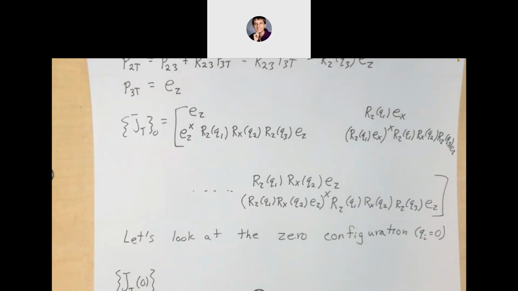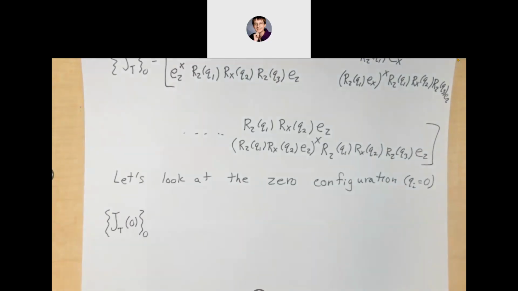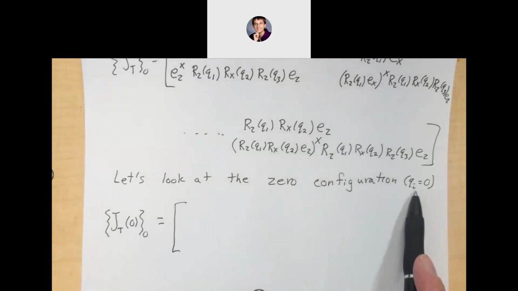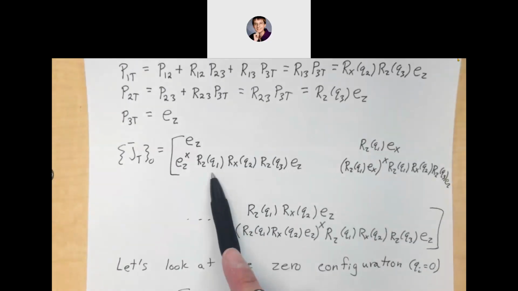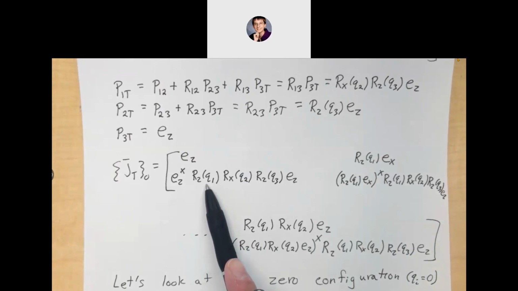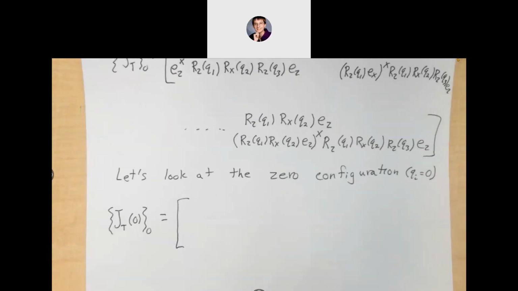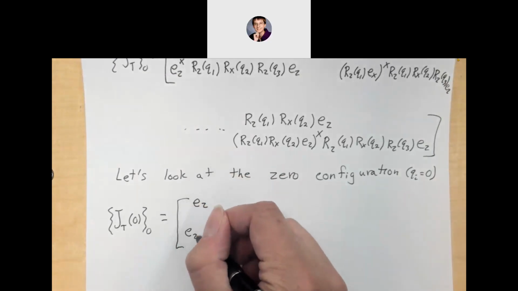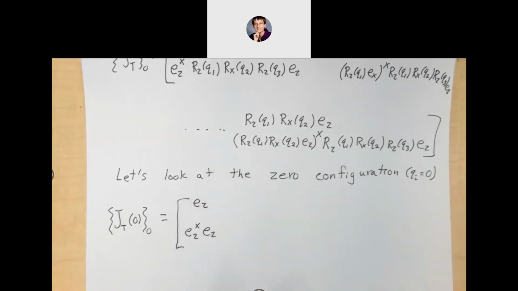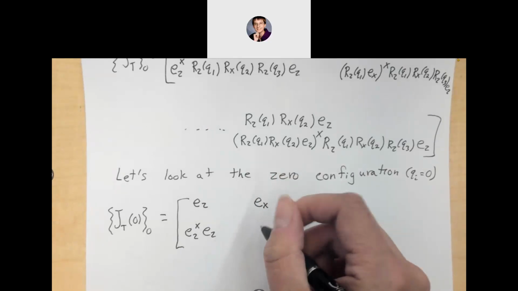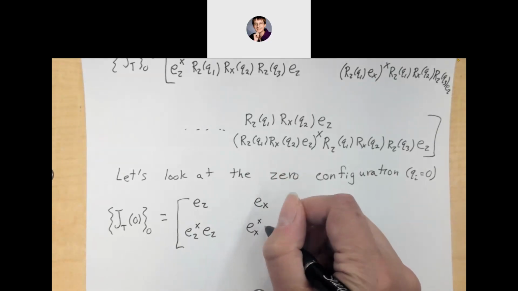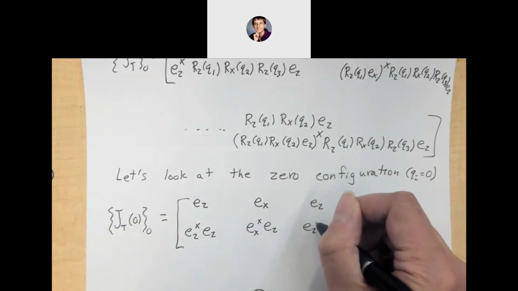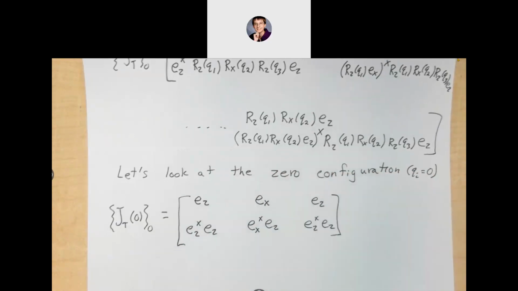Our configuration is 0, represented in the base frame. What's nice about the 0 configuration is that all of our rotations of 0 just make some identity. So it makes it a little easier to do the math. So we have EZ cross EZ, EX cross EZ, and EZ cross EZ.